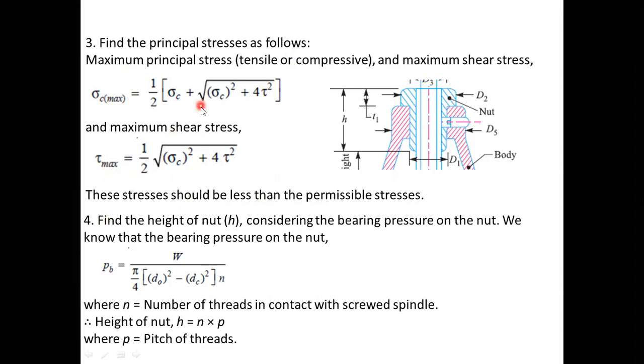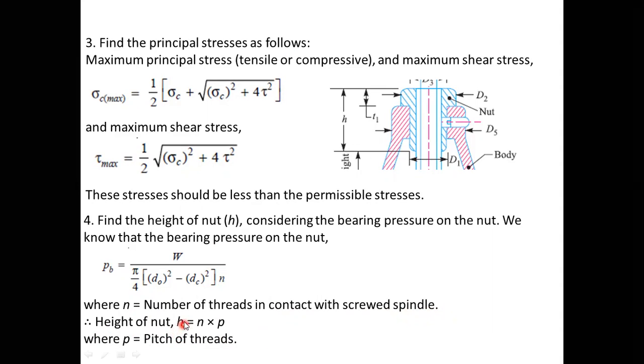Step 4 is to find the height of the nut H. Considering the bearing pressure on the nut, we know that bearing pressure on the nut is given by Pb is equal to W upon pi by 4 into bracket do square minus dc square whole bracket multiplied by n, where n is number of threads in contact with screwed spindle.